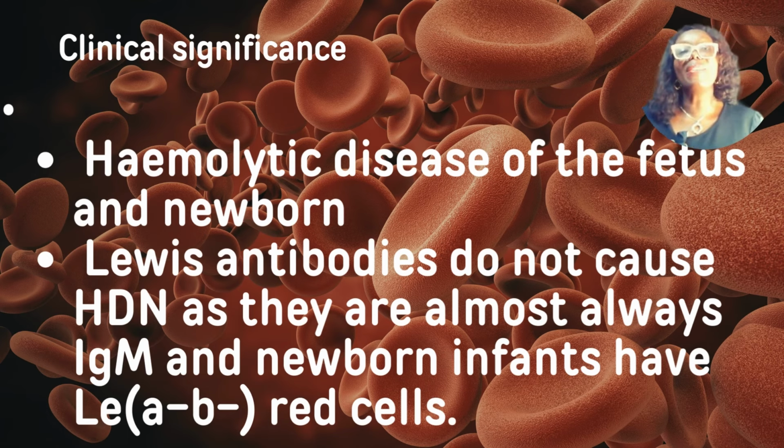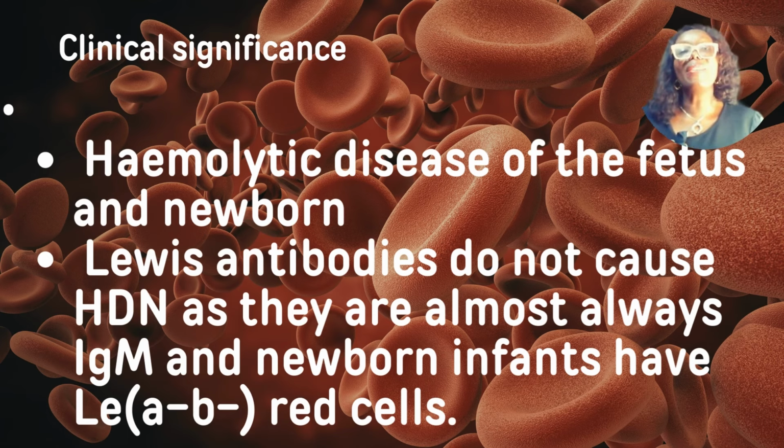Then, what is the practical application of these Lewis antibodies? Most examples of Lewis antibodies are not of any clinical importance, but there are rare exceptions that are clinically significant.